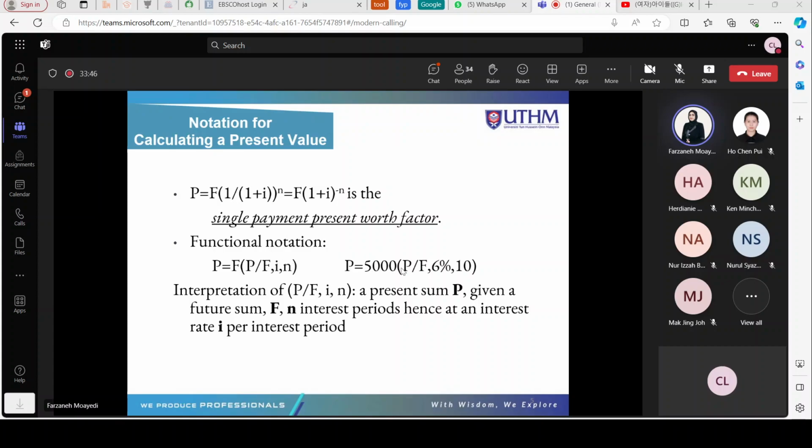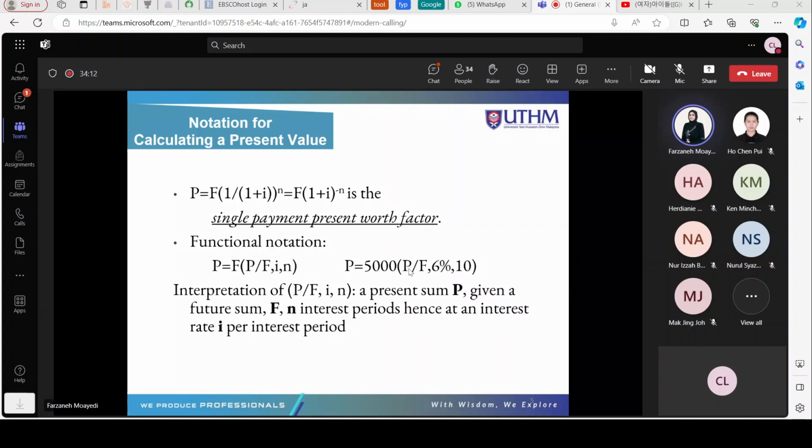If we want to put this into numbers, for example, if the future sum given to you is 5,000, the interest is 6% and the duration is 10 years, this is how you will write the notation. 5,000 is the future value, and P/F means you want to know the present value of a future sum.